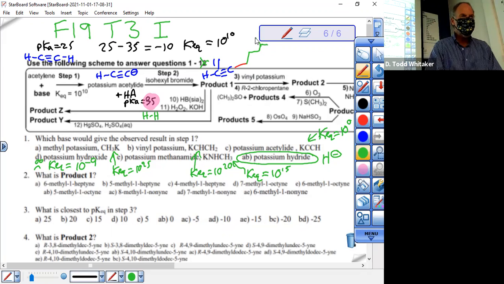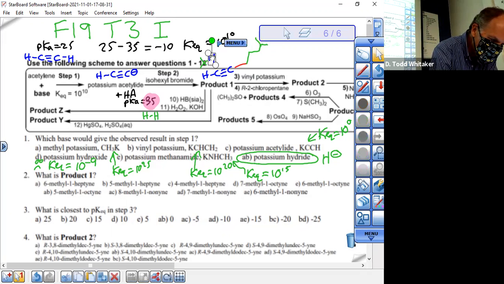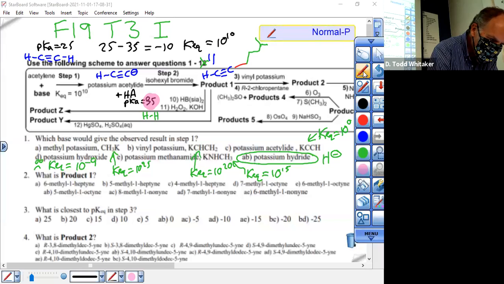Isn't that green thing an isohexyl group? The bromide got kicked off by the C minus. Now it's nomenclature time. This 11 goes over here. Is that a synthesis? That's a synthesis. That red line is a new bond.